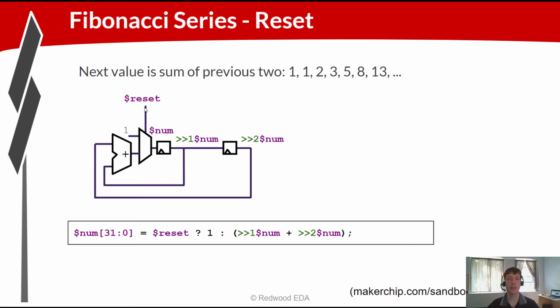So to initialize our sequence of ones during reset, we're going to select a 1 value to populate this flip-flop. And the clock is running during reset, so that 1 will propagate through. These flip-flops are loaded with 1s. And then after reset, we're selecting the sum of the previous values, and we begin computing our sequence.